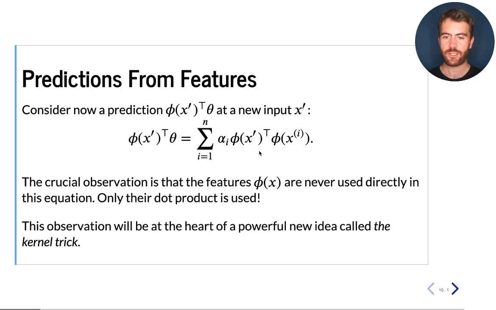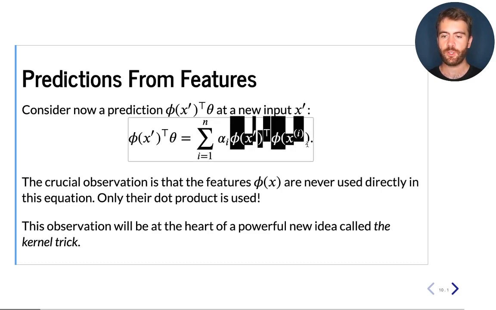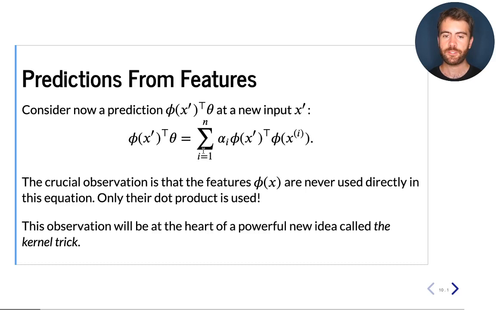But the key observation here is that if I know the alpha i, and if I can compute these dot products efficiently, I can obtain a prediction without ever actually needing the vector phi itself. In other words, the features themselves are not directly used in the equation. Only their dot product is used. So if I can somehow compute the dot product without really requiring the features, then I can still use this algorithm.